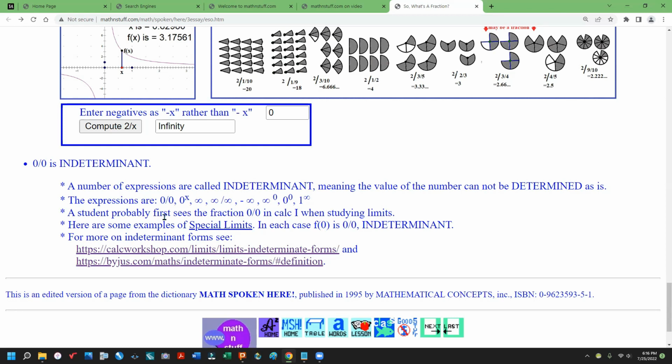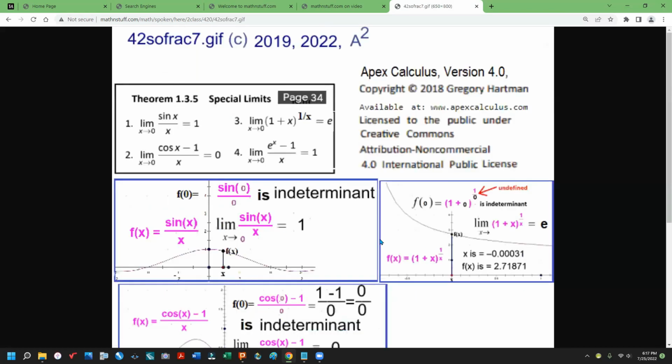A student probably sees this first in Calc 1. Here's where they would see it when they talk about special limits. We're going to go to that link. There we go. Okay, this is a page from my notes. I post my notes for my students. This comes out of Dr. Hartman's Apex Calculus.